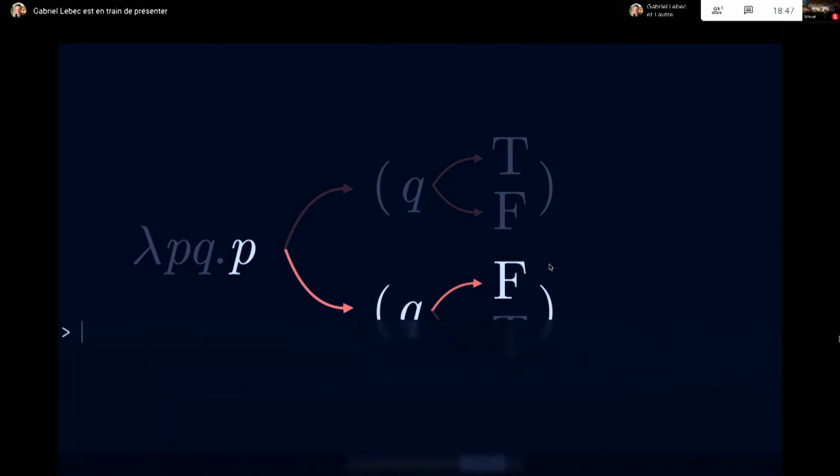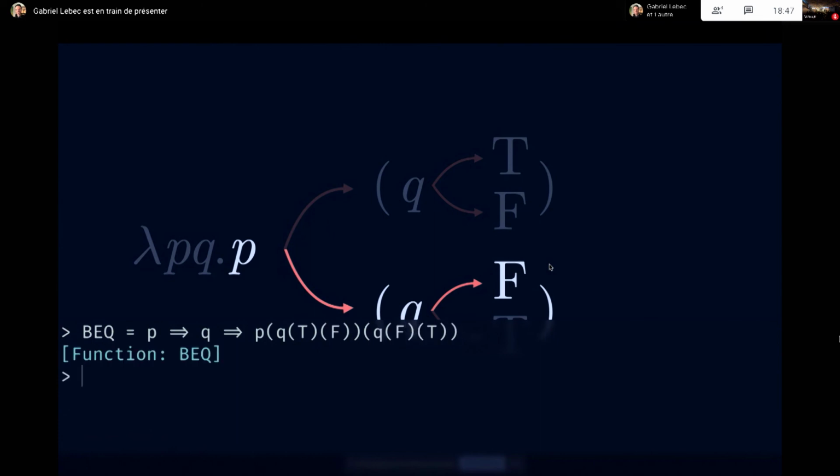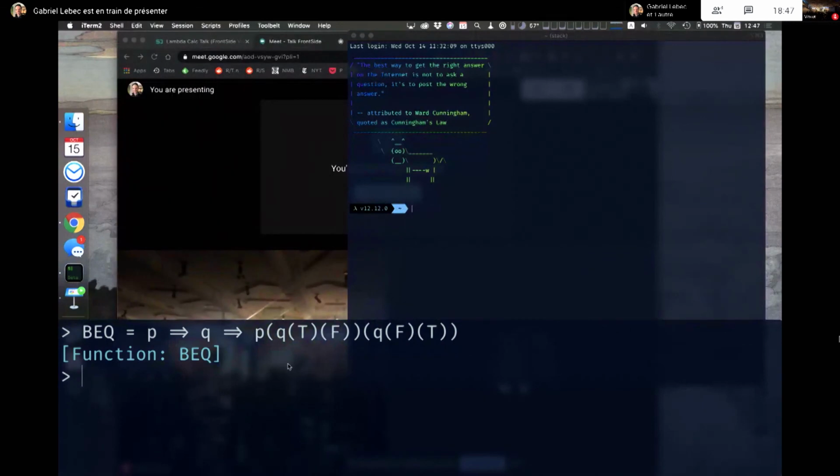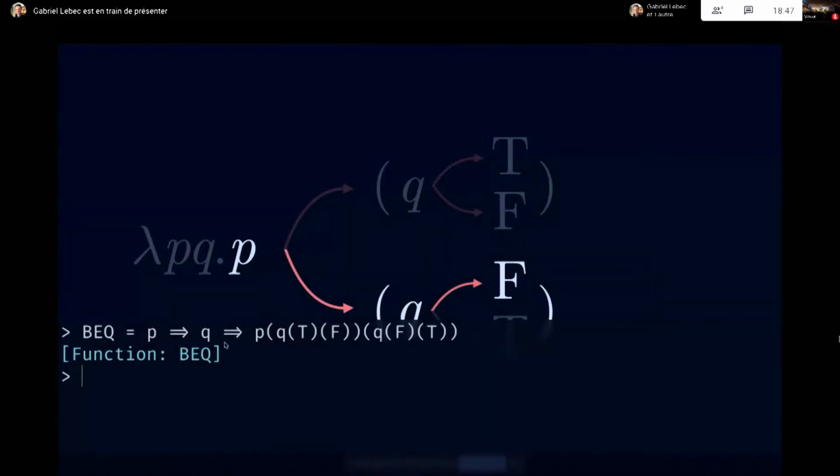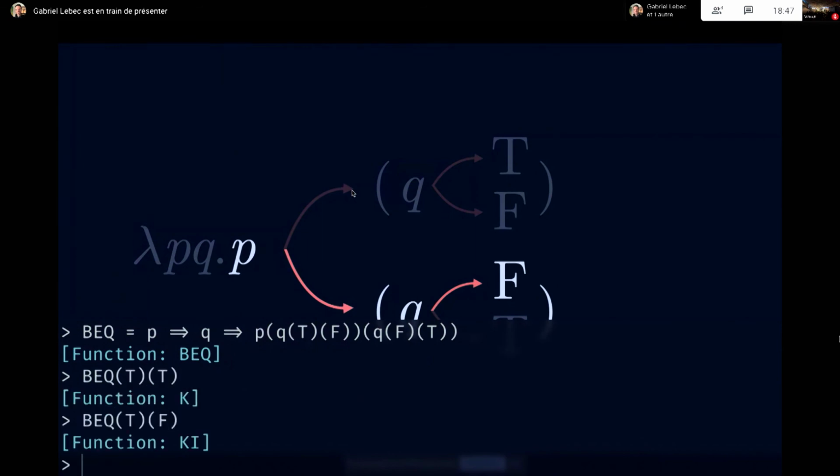That is called equality. Boolean equality is when you get a P and a Q, call P on Q of T and F, Q on F and T. And now I can check. Oh, that wasn't what I wanted to do at all. Now you can check. Hey, does true equal true? Yes. True equal false?